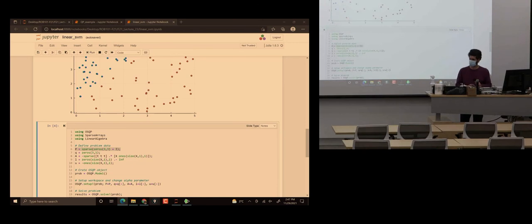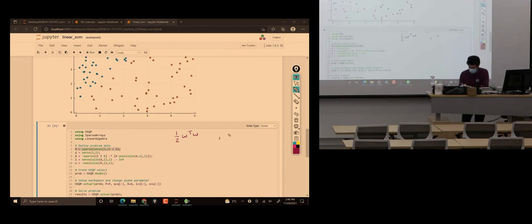Q is 0 because we only have, let me write it here, 1/2 W transpose W, right?